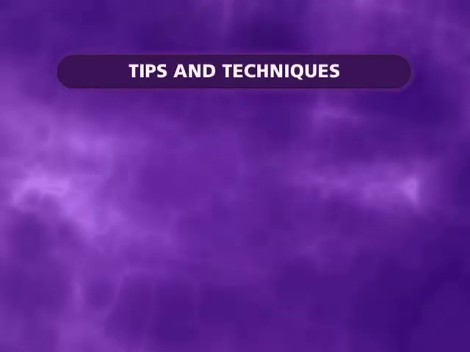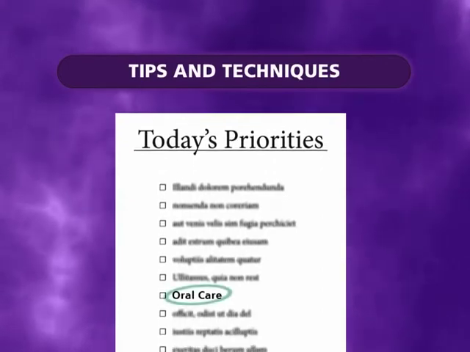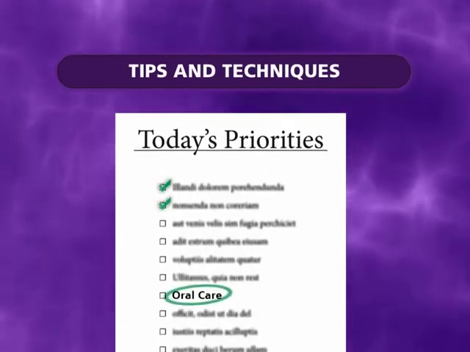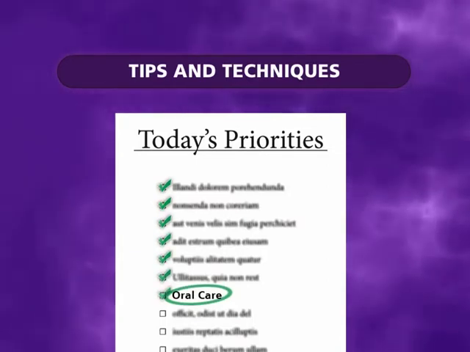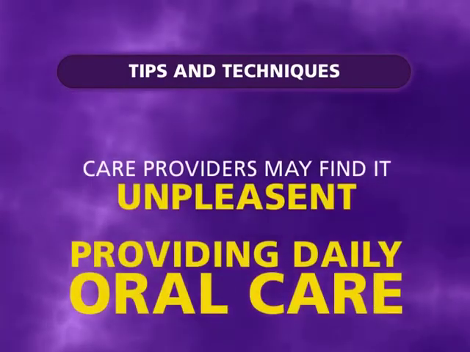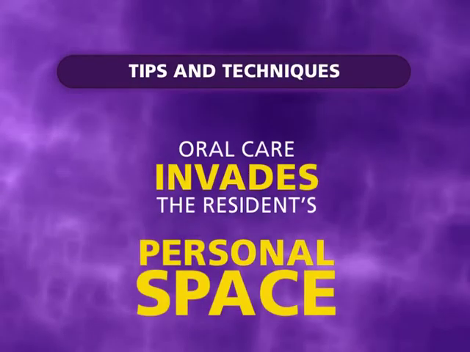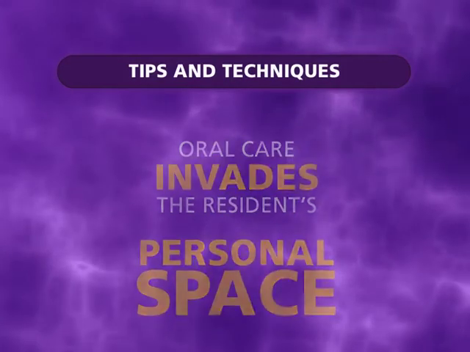Tips and techniques for providing oral care. Oral care is sometimes low on the list of priorities when it comes to resident care, not because it is unimportant, but because it must compete with many other essential daily tasks. Care staff may find it unpleasant providing daily oral care because it invades the resident's personal space, and they are sometimes unsure of best practices.